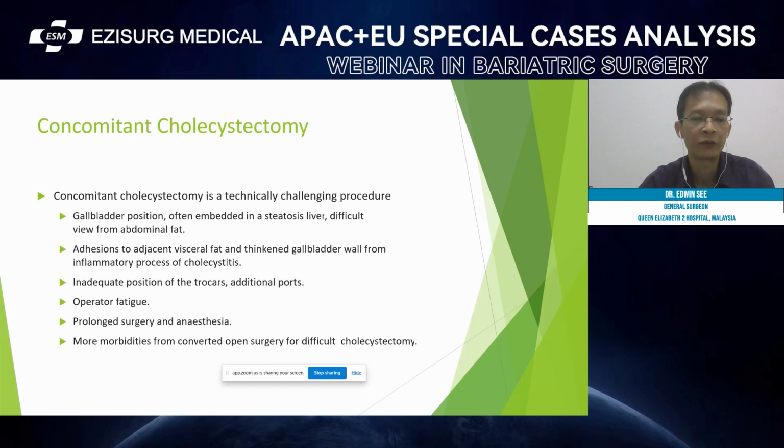There may be inadequate position of the trocars, in which case we will need additional ports. The surgeon and the assistant may be tired, and it may prolong the surgery and anesthesia. And more morbidities will come from converting to an open surgery for a difficult cholecystectomy.